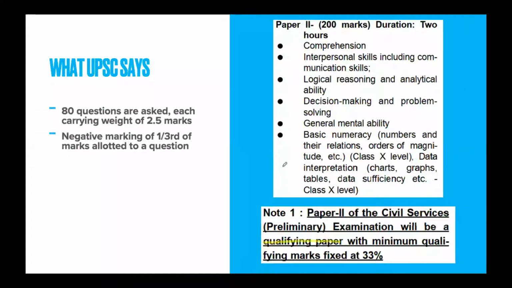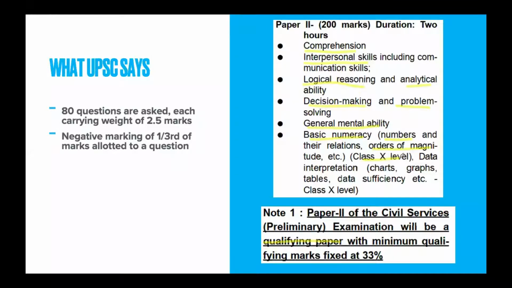Now, what is asked in this paper? The syllabus is given on the right hand side of your slide. It asks about comprehension, interpersonal skills, logical reasoning and analytical ability, decision making and problem solving, general mental ability, basic numeracy, numbers and their relations, order of magnitude, class 10th level.